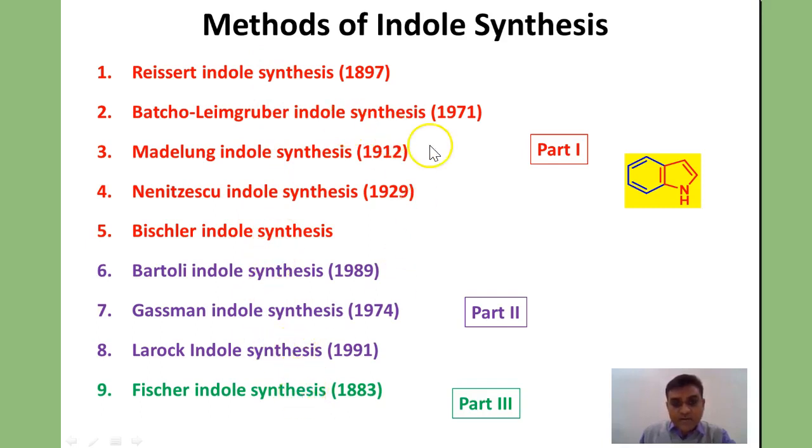So we will divide our lecture series on the methods of indole synthesis into 3 parts. Part 1 will be related to the first 5 reactions. Part 2 will be related to these 3 name reactions, and part 3 will be dedicated to the Fischer indole synthesis, which is a very popular and preferred method for the preparation of indole.